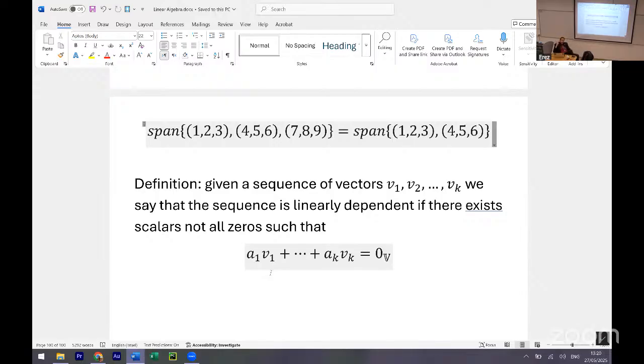Can you imagine that you ever get back to the origin? The answer is no, because if I walked in different independent directions, one cannot cancel the other. That's what this definition is basically saying.